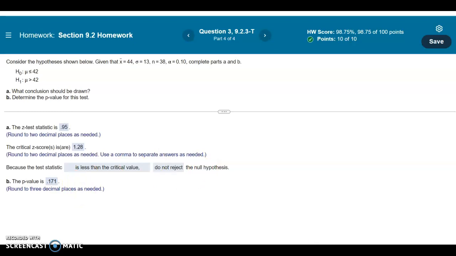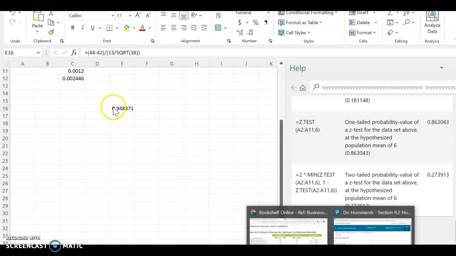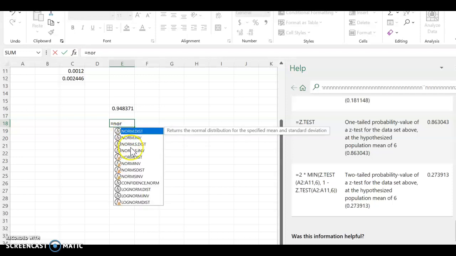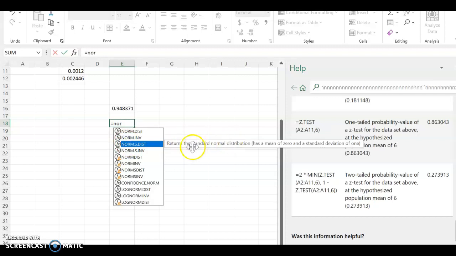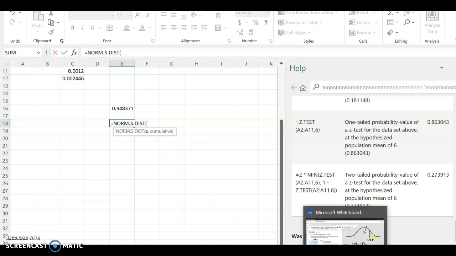Now, the p-value here, the way you could find your p-value is use Excel, and you're going to do equals normal. This is a normal distribution. Standard normal distribution, okay? Our Z value, you're going to use the test statistic because the p-value is the probability of it being as extreme as the test statistic.